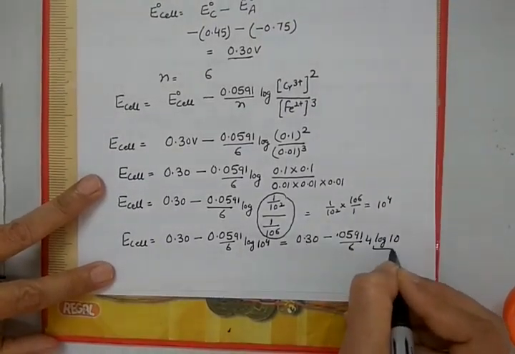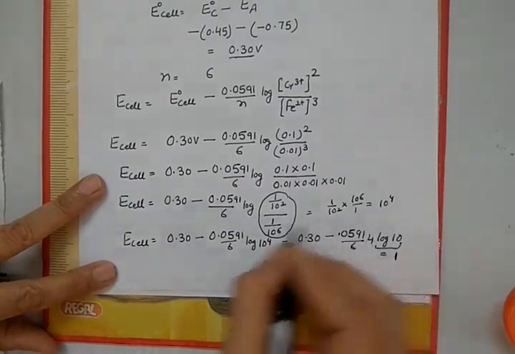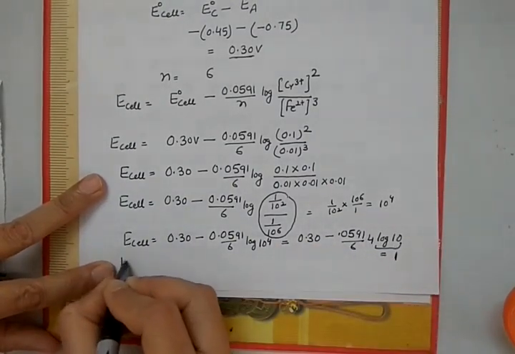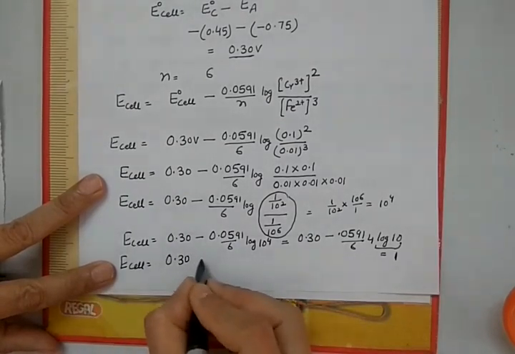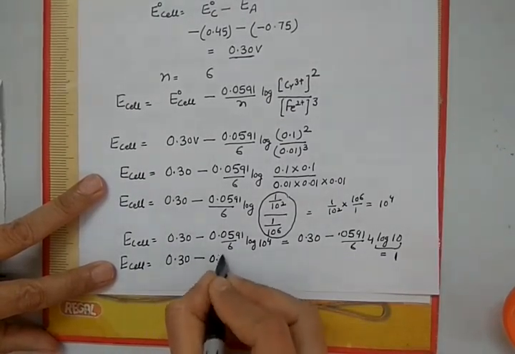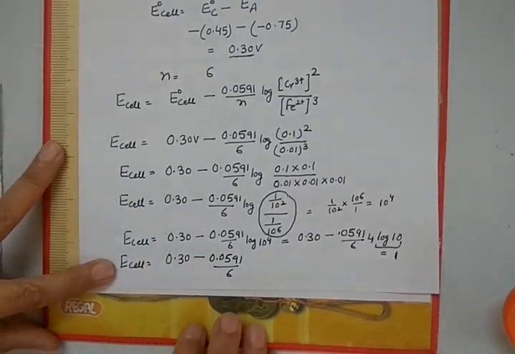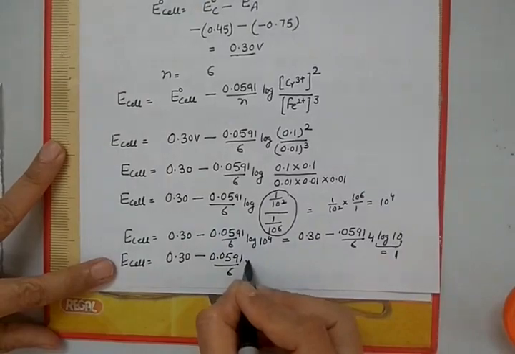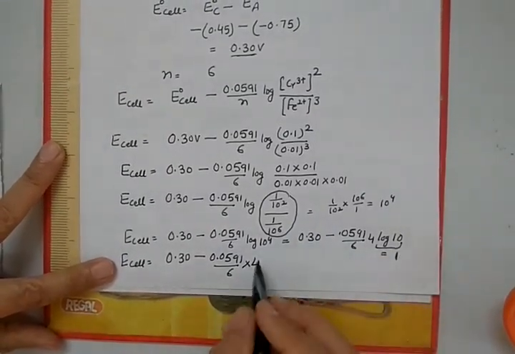And we know log 10 is equal to 1. This you already know. So we get E of the cell is equal to 0.30 minus 0.0591 over 6 into 4. 4 log 10 is 1, so 4.